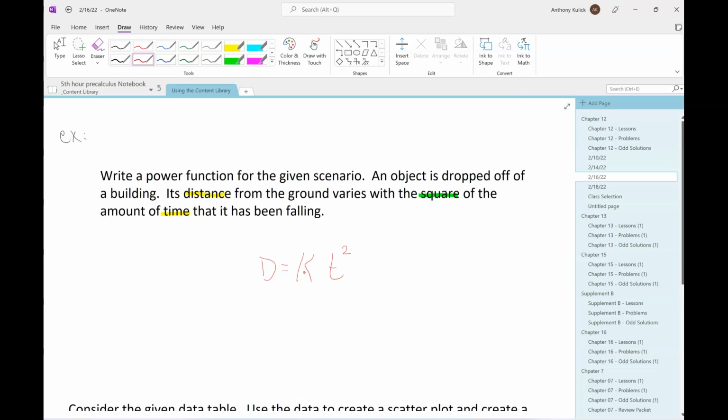Physics students. Anybody currently in physics right now or has been in physics? What's K in this situation? Negative 9.8 meters per second squared. It's the gravitational constant. Because you're just dropping something off a building.